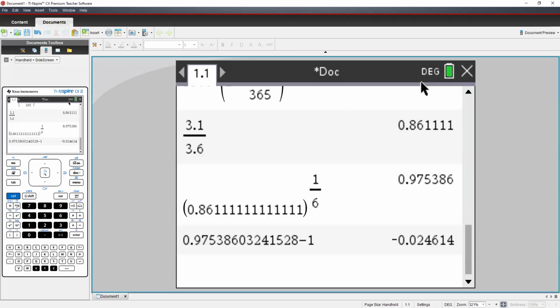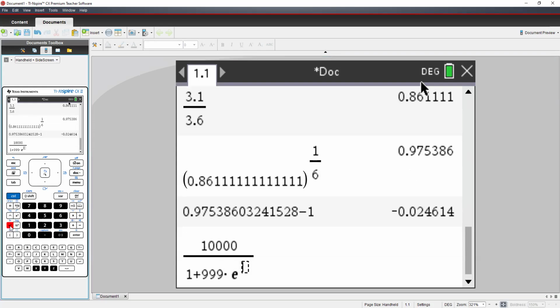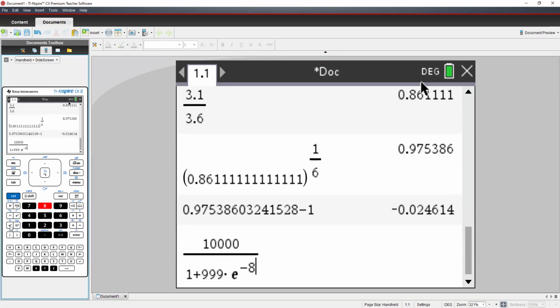And so again, we'll go ahead and do control divide. So this would be 10,000 divided by 1 plus 999 times the e, which is right here. Again, I choose the one with the exponent, so I can just say negative 8.